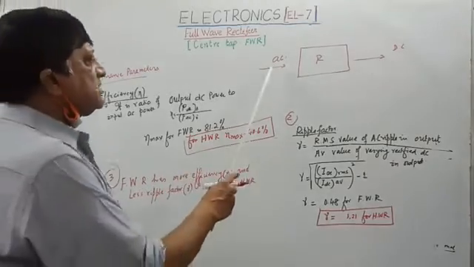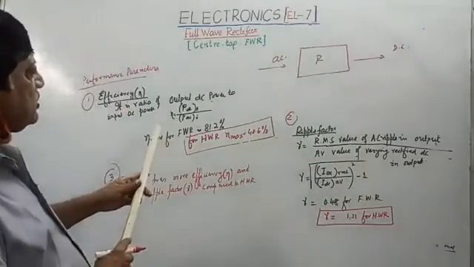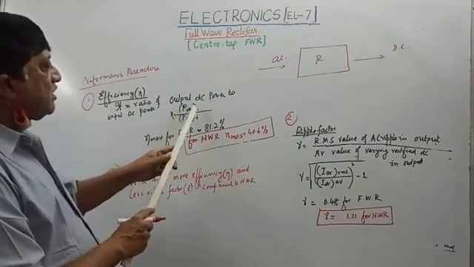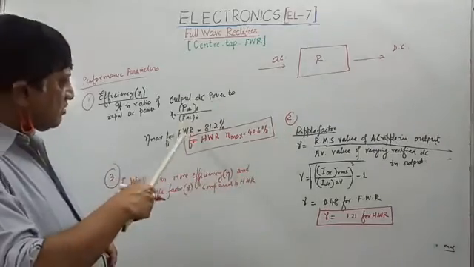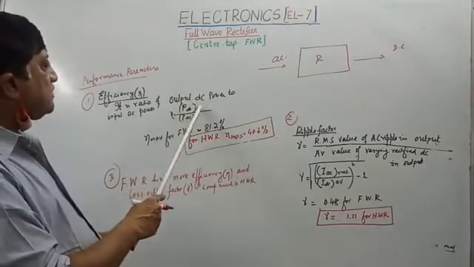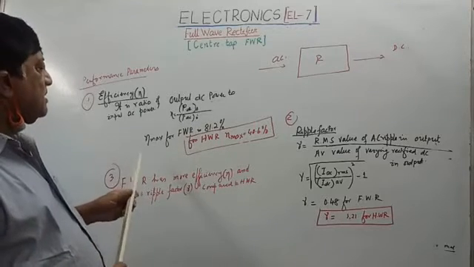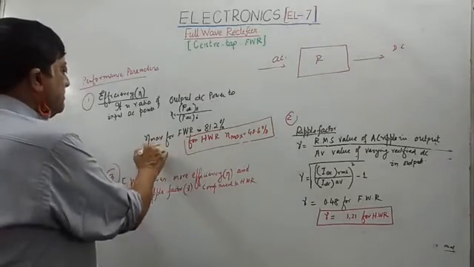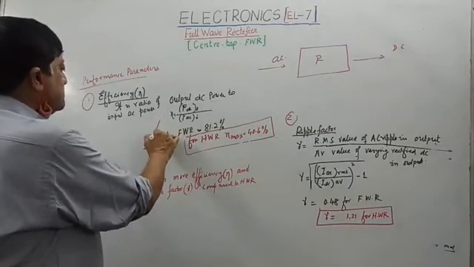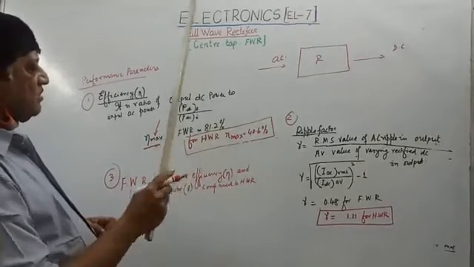So how much AC power is converted to DC power? So you have to find a ratio. How much is the DC power at the output, how much was the AC power at the input. Then you compare it. PDC output by PAC input, and that is known as your eta. For a full wave rectifier, the maximum value of efficiency is 81.2%.